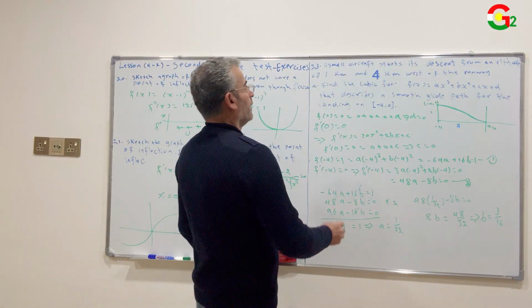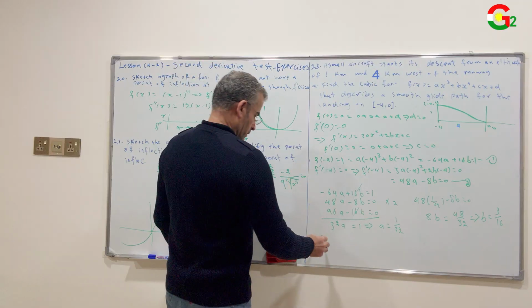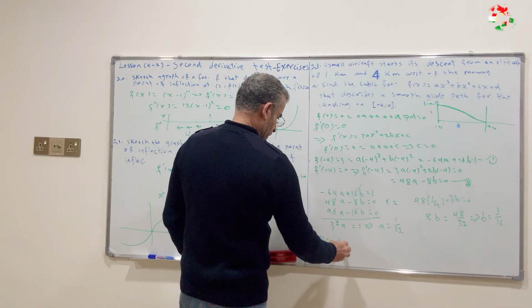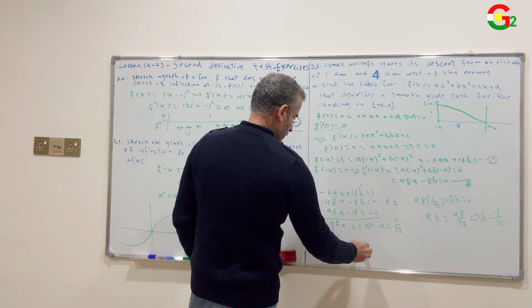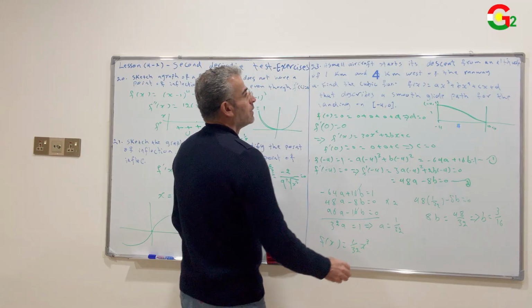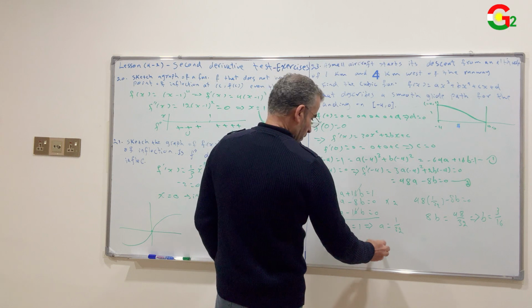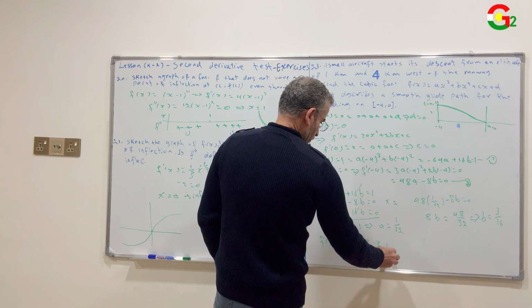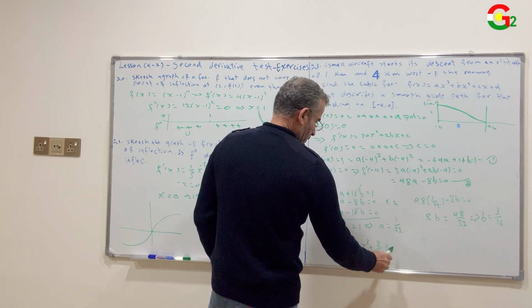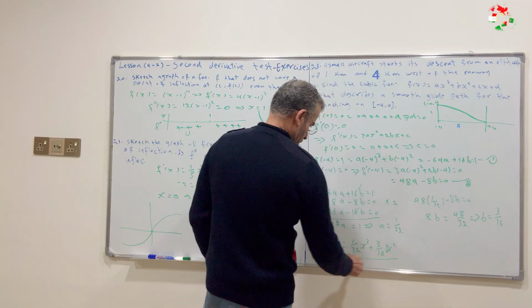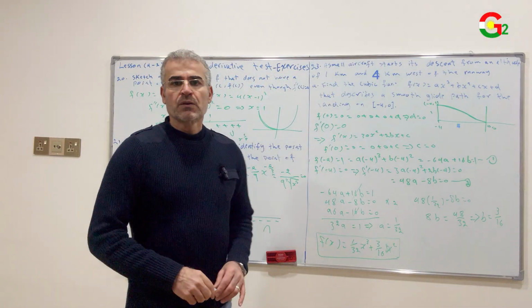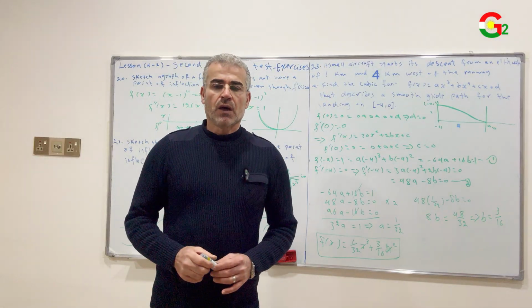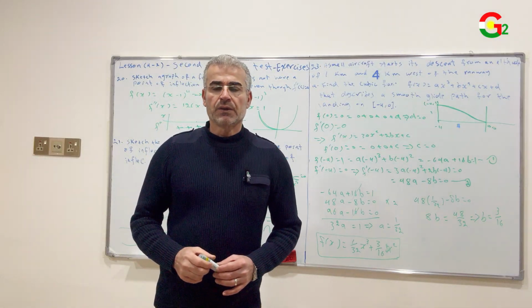Then the equation will be f of x equals 1 over 32 x to the power 3 plus 3 over 16 x squared plus 0 plus 0. This is the answer for the needed function.